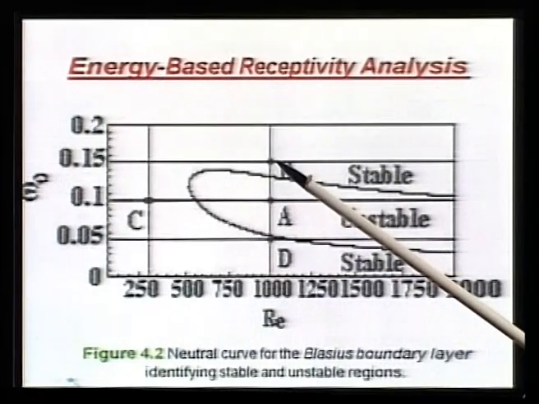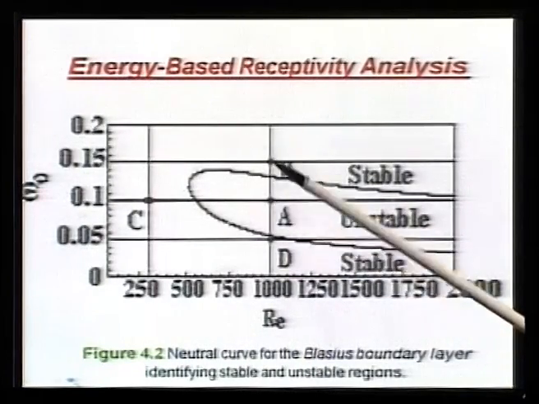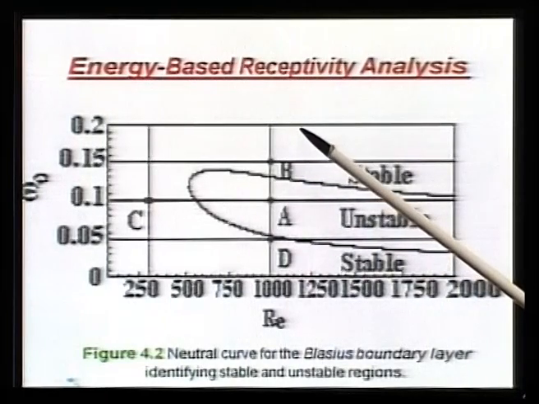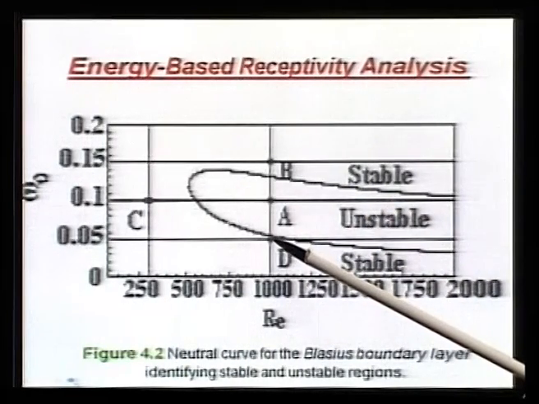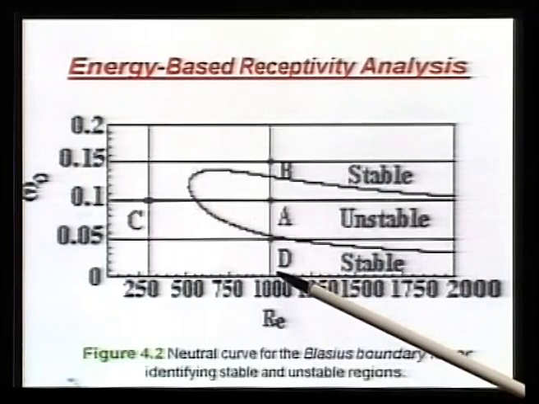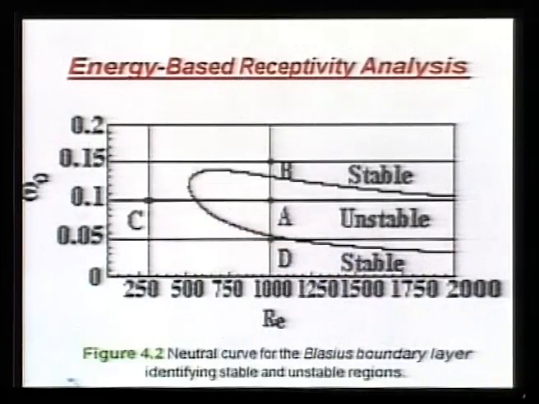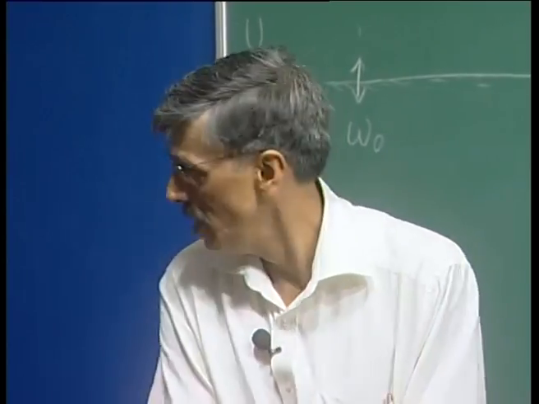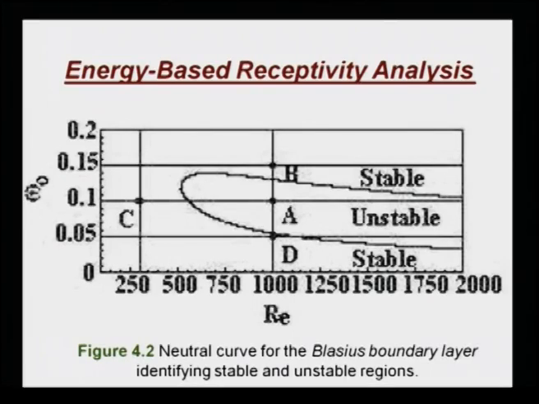B is stable, but it is above the neutral stable curve, and D is also stable, but below, and C is a subcritical point. Okay. So, these are the 4 points that we are going to study next and see what we get.